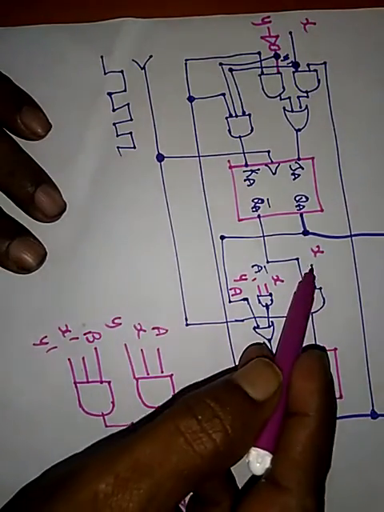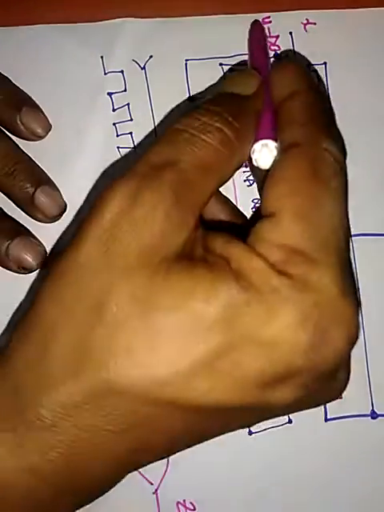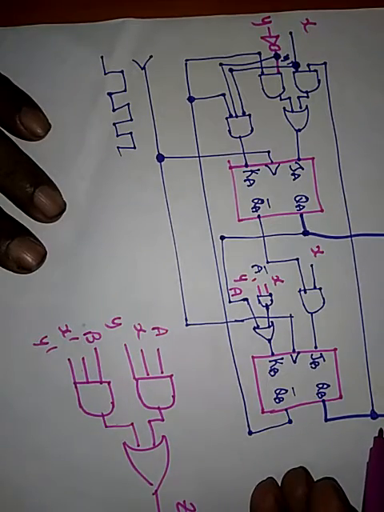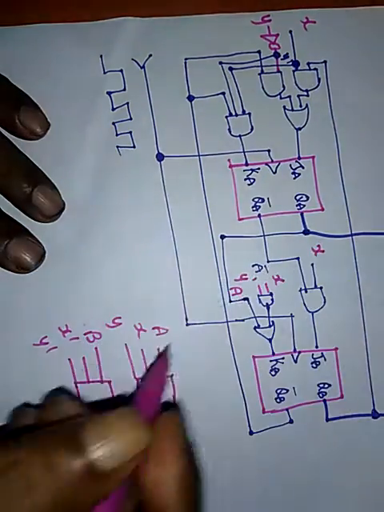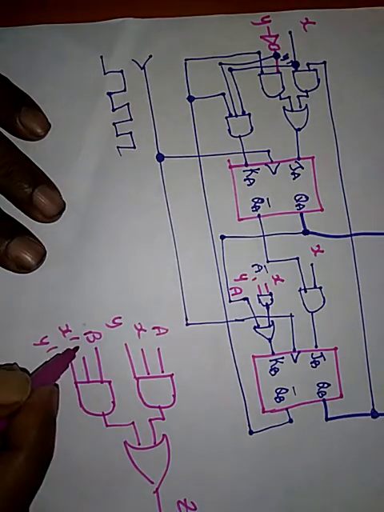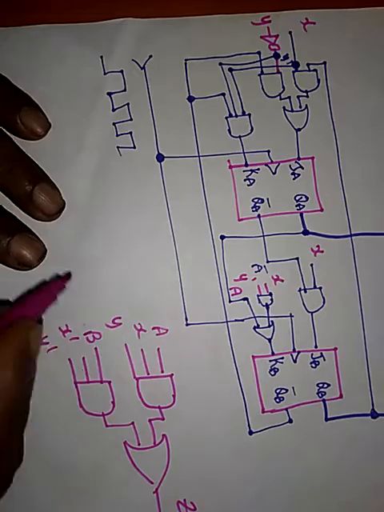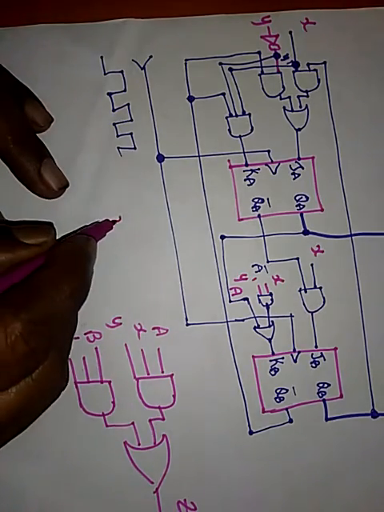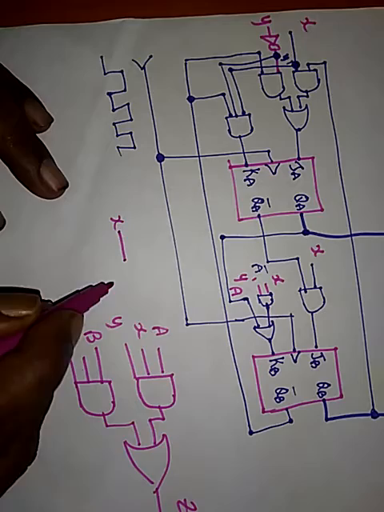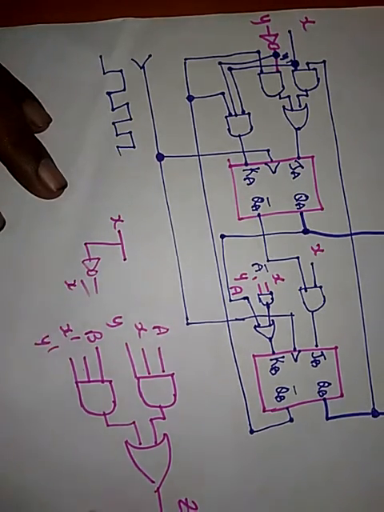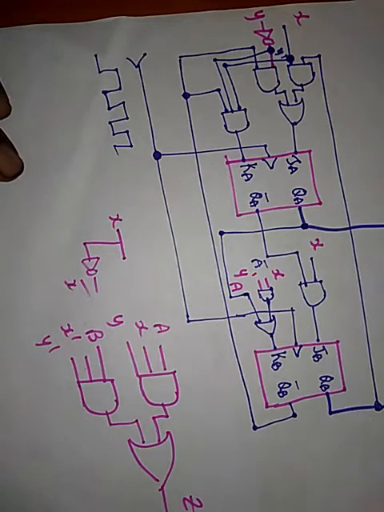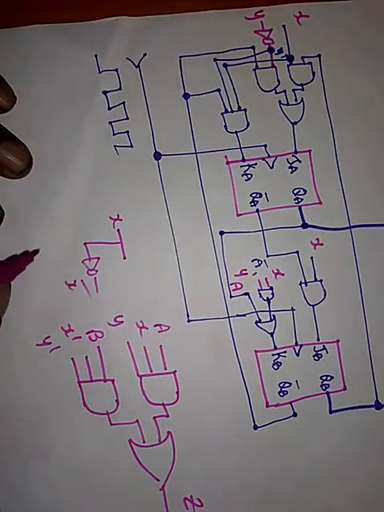This X is connected here and all are connected. Y is connected here. B is connected here. X bar is connected here. If this is X, it goes straight. Then you put a NOT gate, you will get X bar. That you connect it here. X bar and Y bar. So for Y, put an inverter, you will get Y bar. That's how you will get the output for Z.